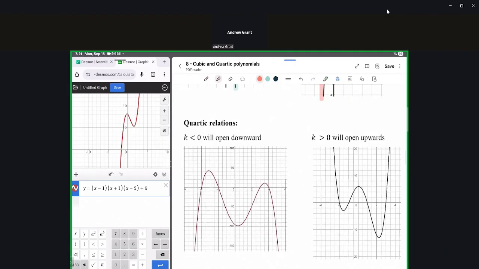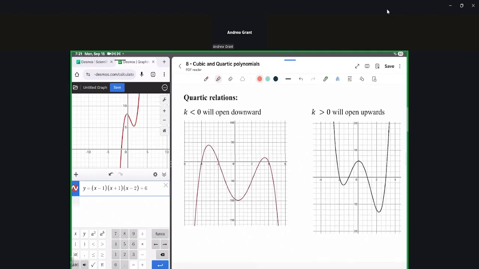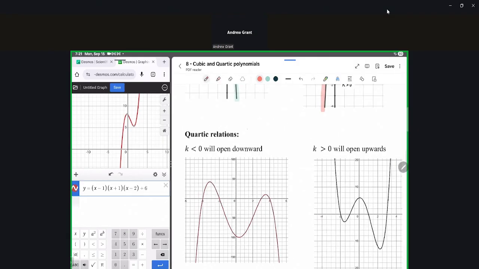Quartic, here the value of k is less than 0. And again, we're talking about functions like y is equal to k times (x minus A)(x minus B)(x minus C)(x minus D).